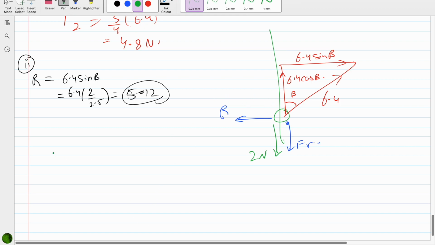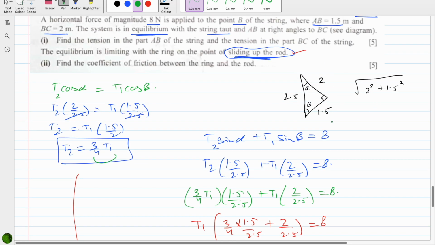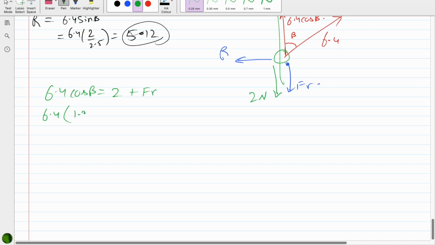Clearly we can see 3 of them. One is upwards, which is 6.4 cos of beta, and 2 are downwards, which are 2 newtons and the friction. So 6.4 cos of beta, again from the same triangle, cos beta is 1.5 by 2.5, equals 2 plus friction, which is mu R.